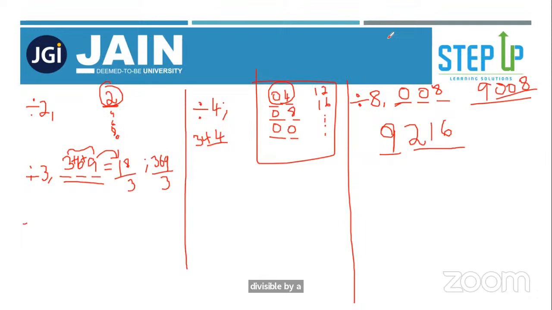If 152 is divisible by 8, 1152 will also be divisible by 8. You clear with that? How is the divisibility rule? Yes.